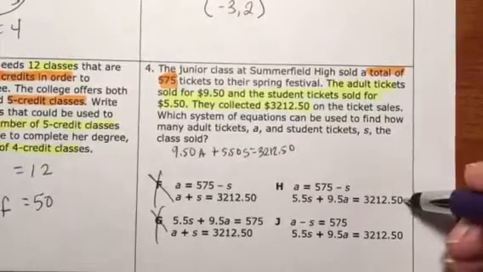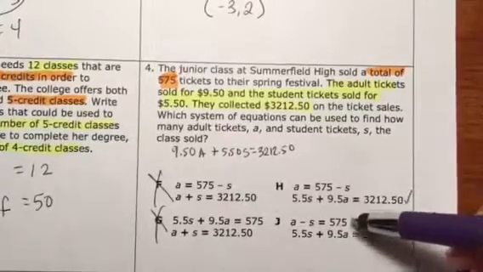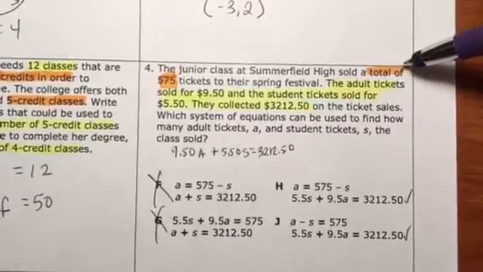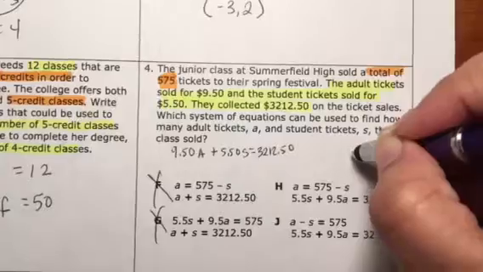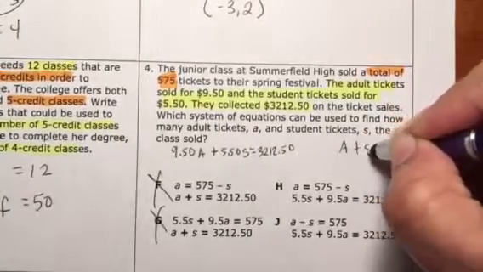But these two are in the right place. So these two check out, which means I need to make sure that I'm addressing the second equation, which is the total number of tickets was 575. The two types of tickets sold were adult and student tickets.